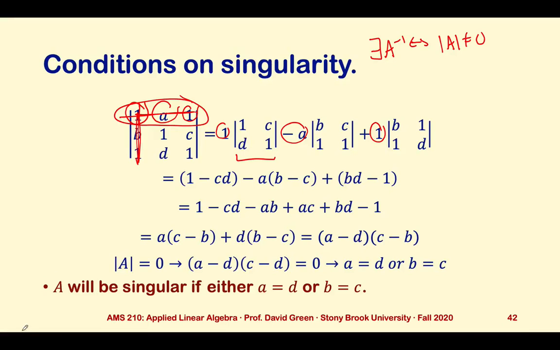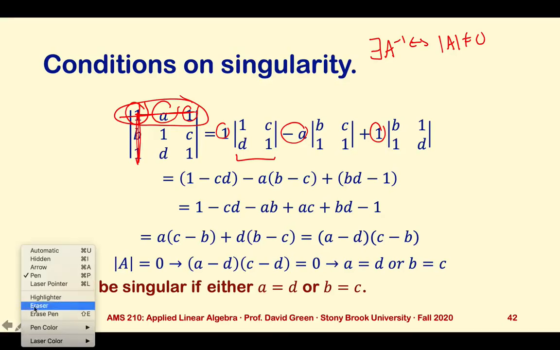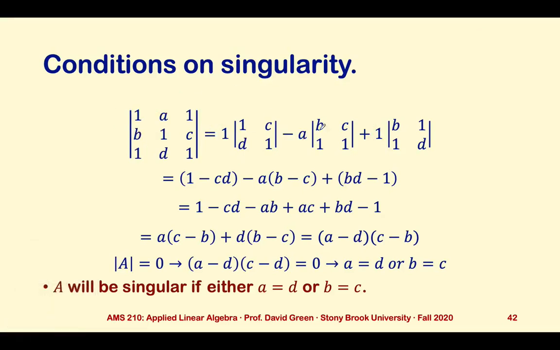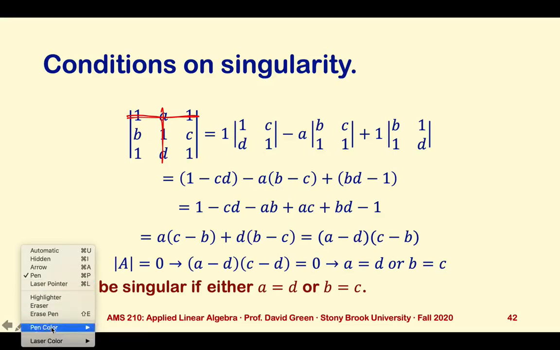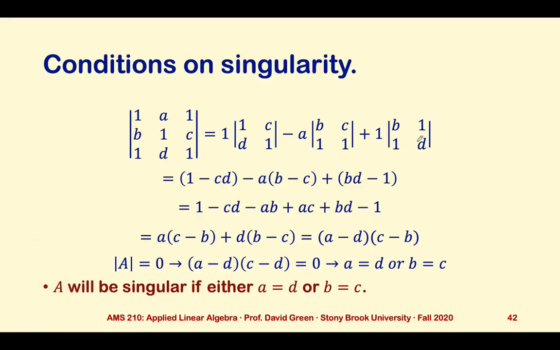The second matrix comes from crossing out the first row and the second column, left with B1, C1. And the third determinant is found after we delete the first row and the third column, B1, 1D.